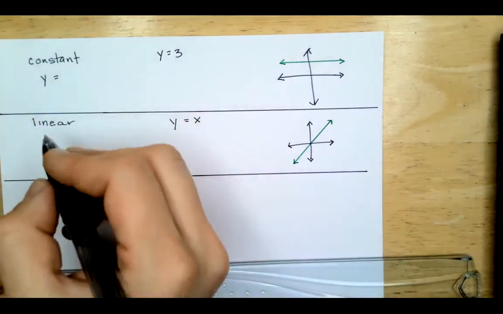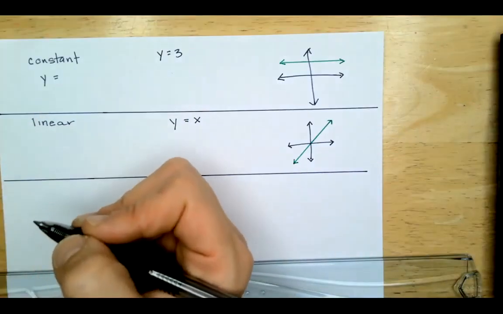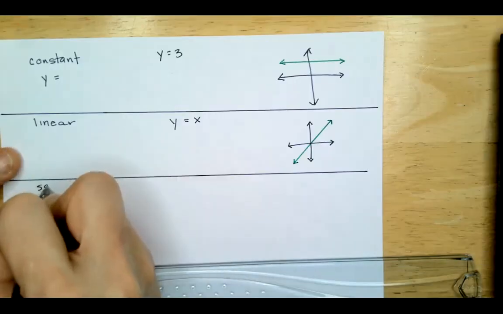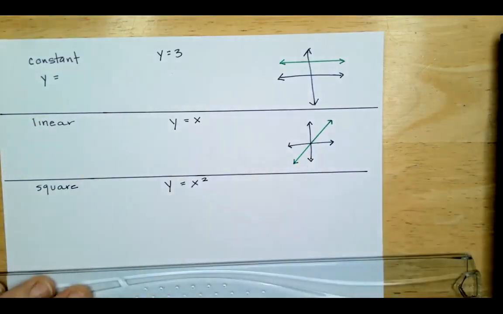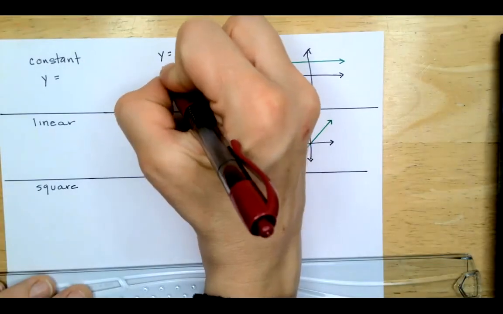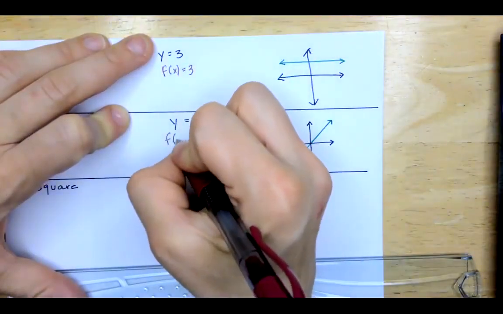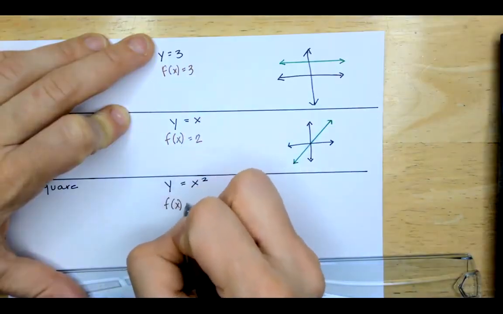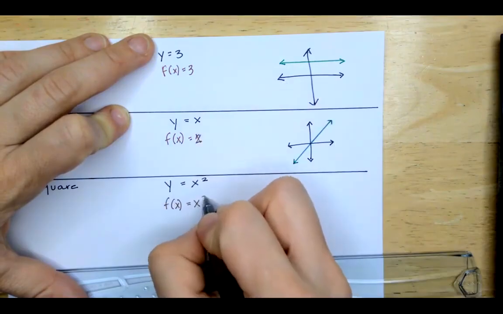After constant and linear, we have the square function. Good? Square function because x is squared. Remember also that this is the same as f of x is x squared.